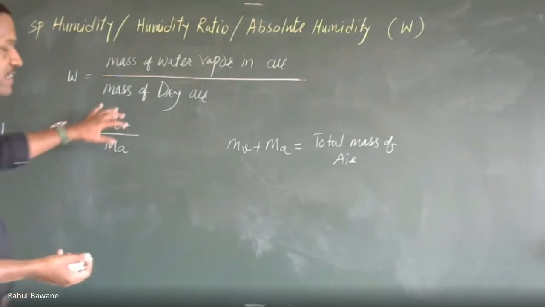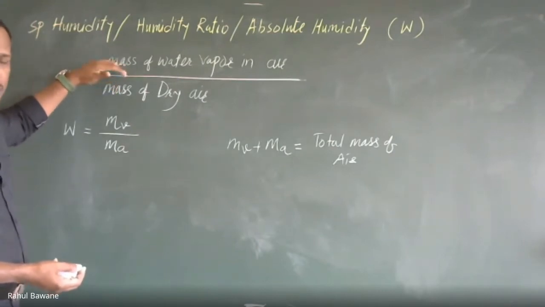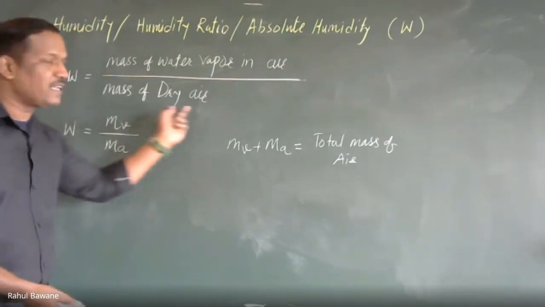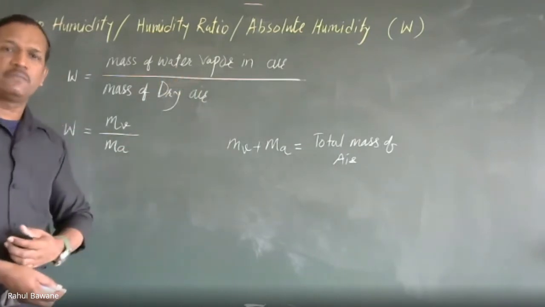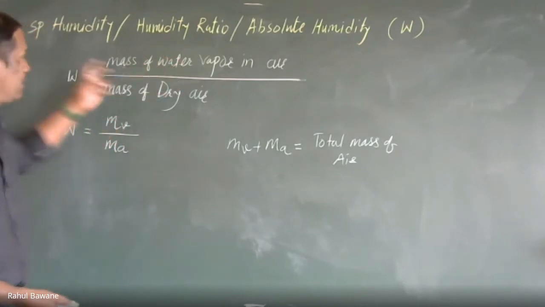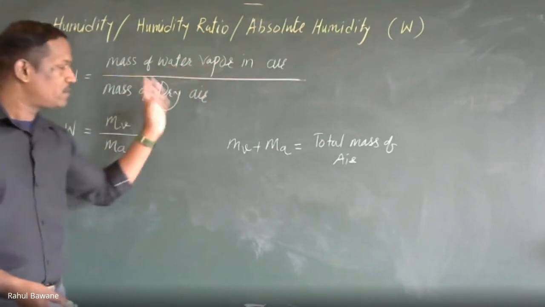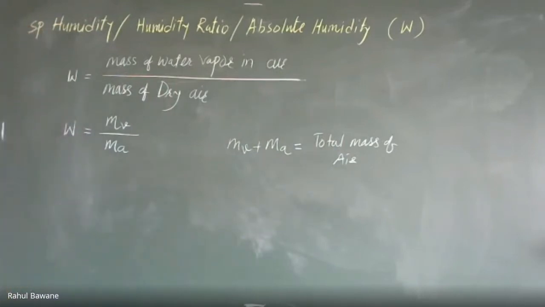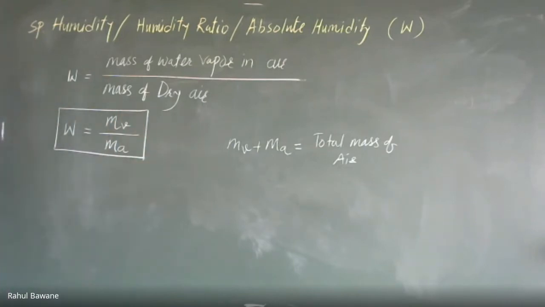Relative humidity is a different thing. It is in relation to the maximum possible moisture content of that air: the actual moisture to the maximum possible moisture. That is relative humidity. But specific humidity shows the mass of water vapor to the mass of dry air in the total content of air. So this is specific humidity.